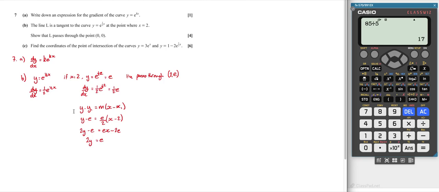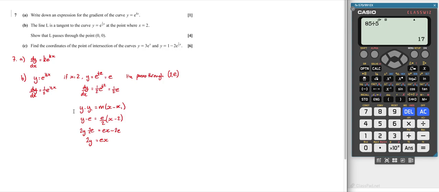Nope, it should be 2e if I expand my brackets correctly, which I didn't. So that just means 2y is ex.